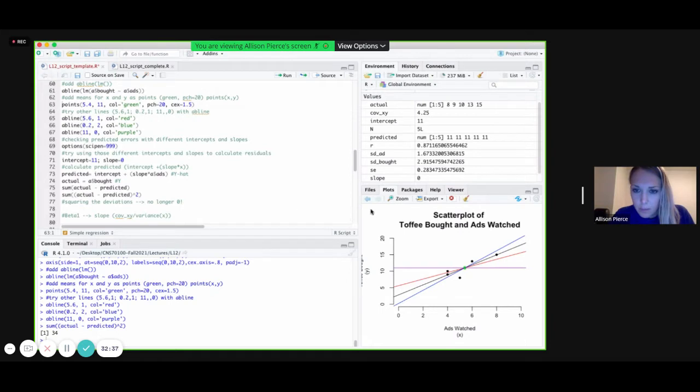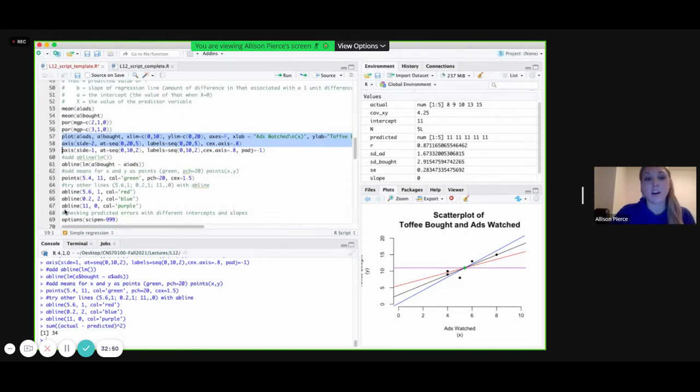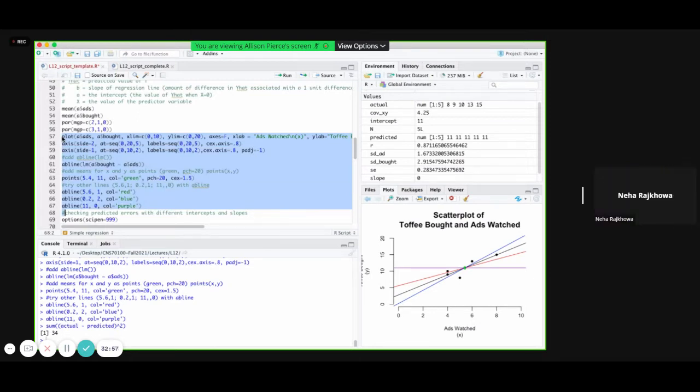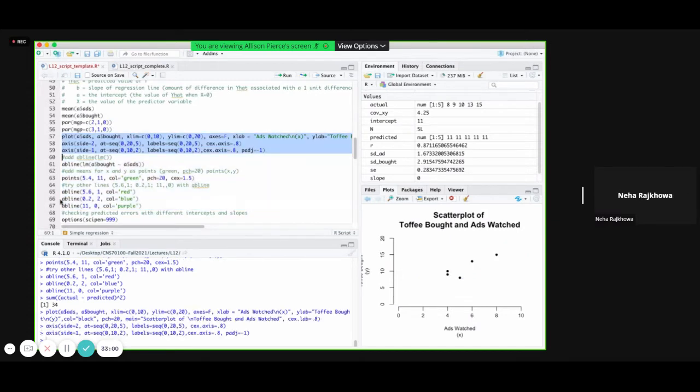Okay, so did you have to run the plot first? You have to run the plot line first. You have to run it all together, because if you run something else, like just the axis or the intercept, the plot is no longer there.